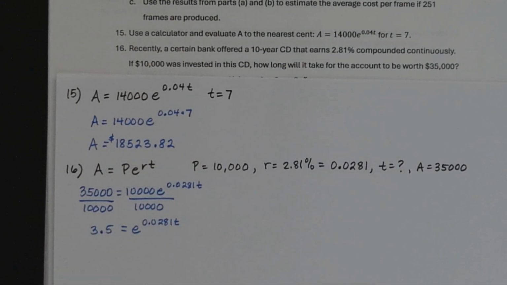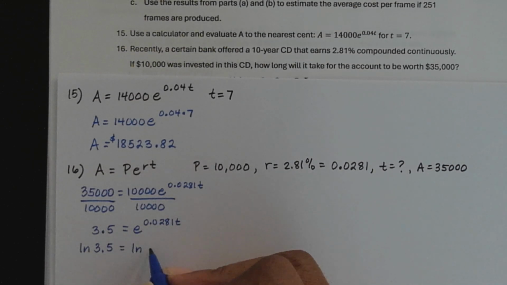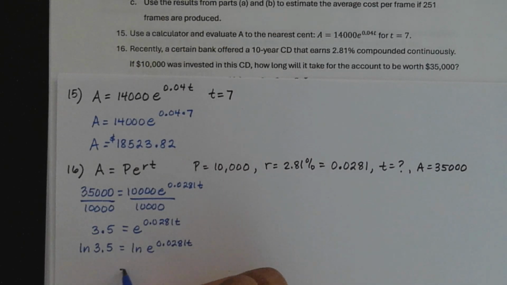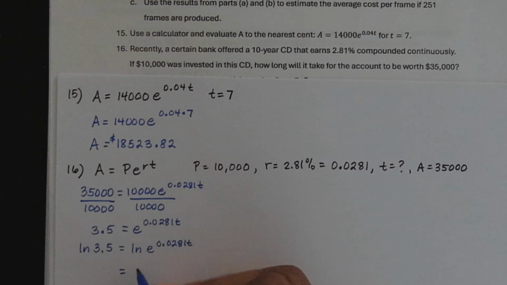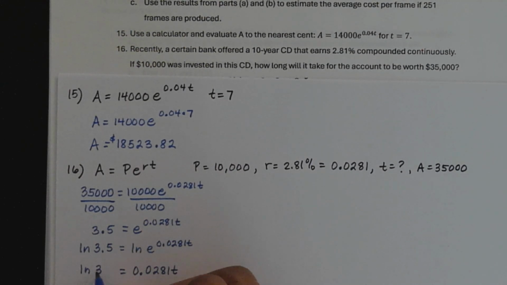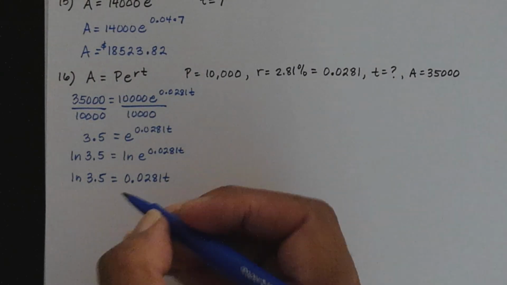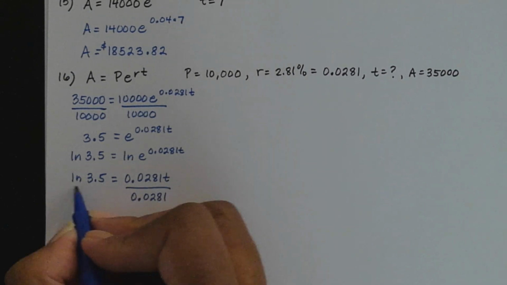And because e and ln are inverses of each other, I would take the natural log on both sides of this equation. Now, ln of e to whatever my exponent is will be that exponent. So ln of e to the 0.0281t will be 0.0281t. And I'll bring over ln of 3.5. And then to solve for t, I'll divide both sides by 0.0281.